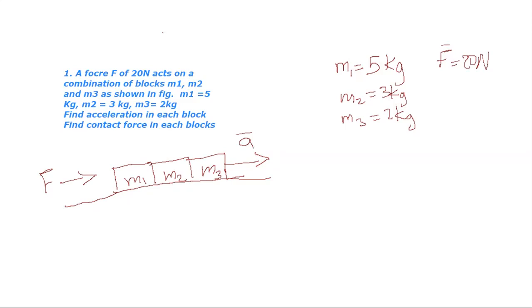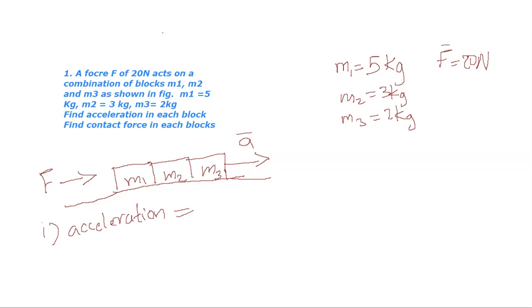The first question is to find the acceleration of each block. As we see in this image, all the blocks will move with the same acceleration because we are applying a force in this direction and all the blocks are connected to each other, so they will move as if they are the same body.